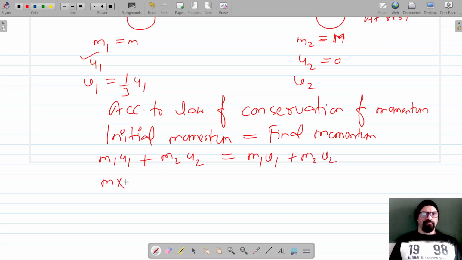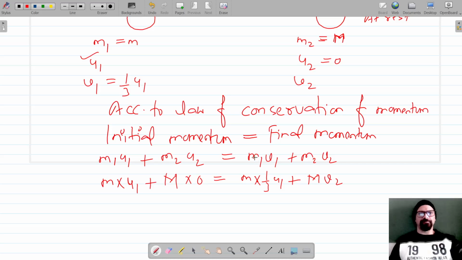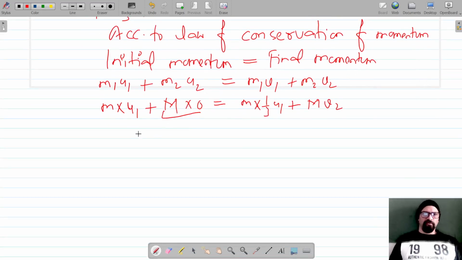Here m1 is m, u1 is not known, m2 into u2 is 0 since m2 is capital M and the second body is at rest. The final velocity of the first body is one third of its initial velocity, and v2 is not known. So m into u1 is equal to m u1 by 3 plus M into v2.